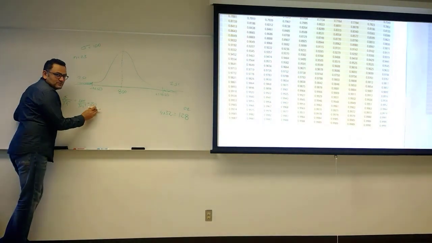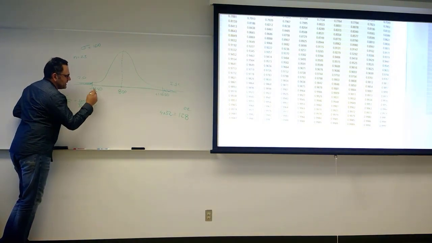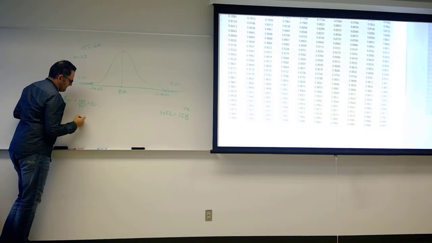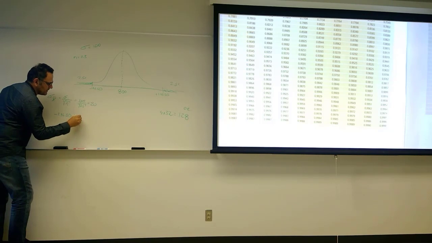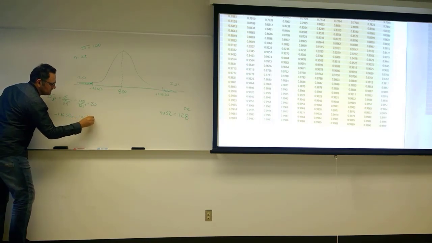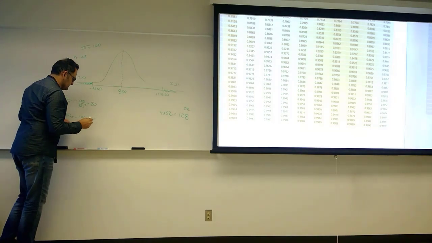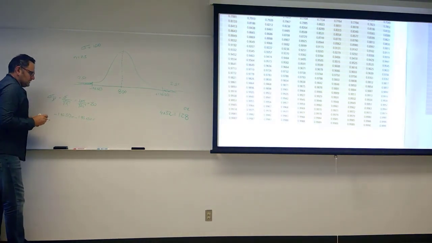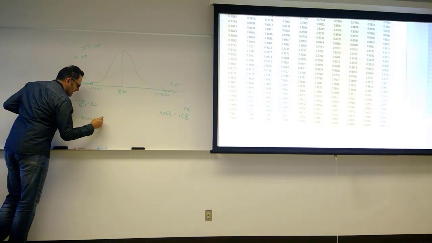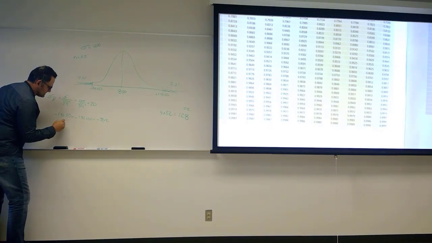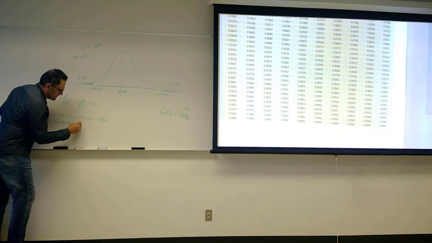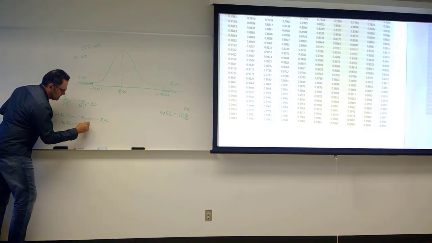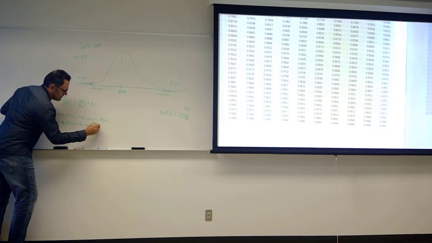So 20 is one standard deviation. So minus 1.96 times 20, so minus 1.96 standard deviations means minus 1.96 times 20, which in this case is minus 39.2, and plus 1.96 standard deviations, if I have a sample size of 25, would be plus 1.96 multiplied by 20, which is plus 39.2.